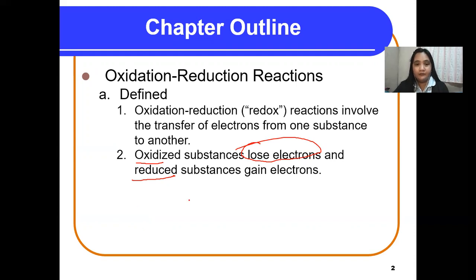Okay, our symbol for electron, which we will be using moving forward, is e negative. So when you lose electrons, of course, the substance becomes more positive. When it gains electrons, the substance becomes more negative, and that affects the oxidation number.